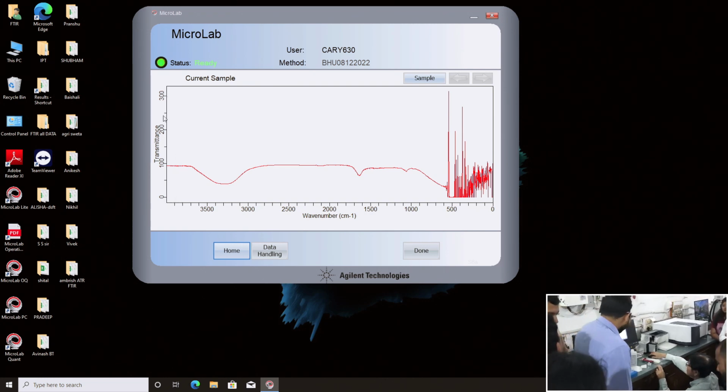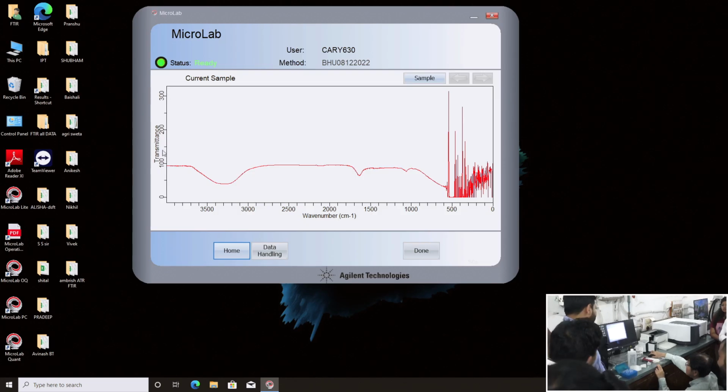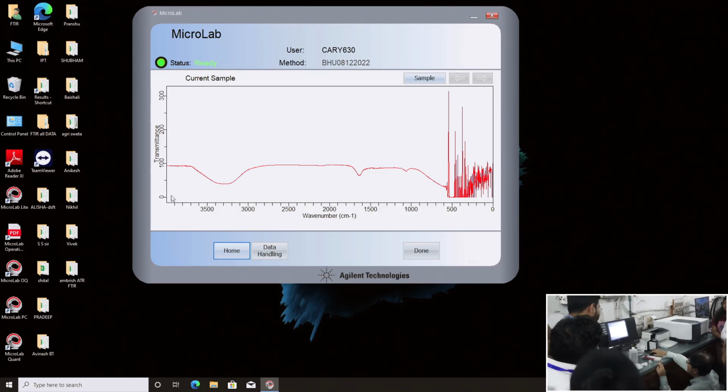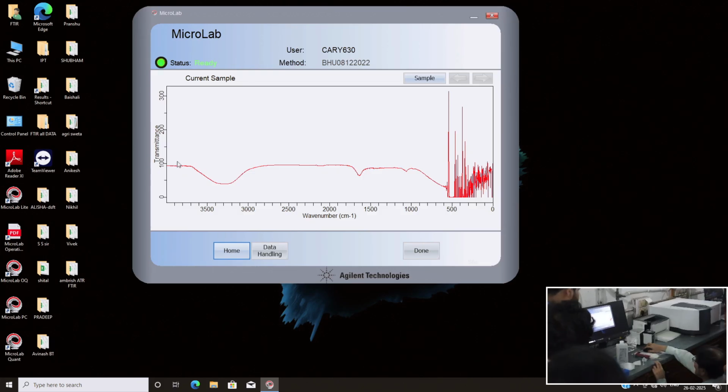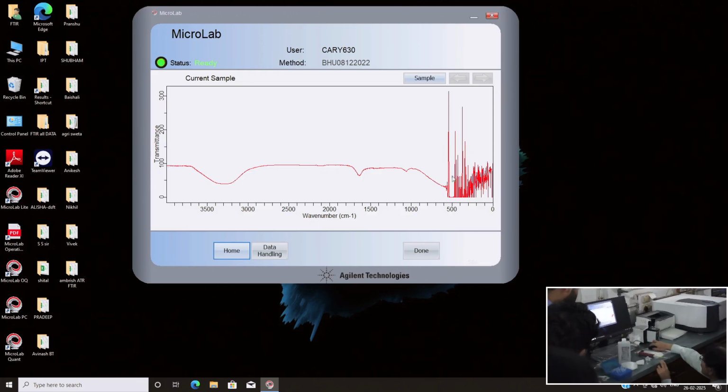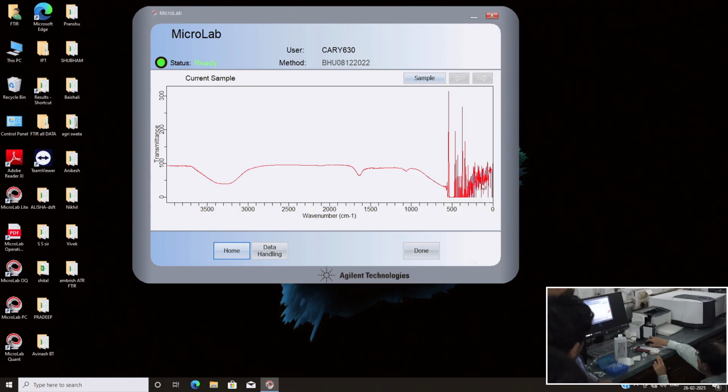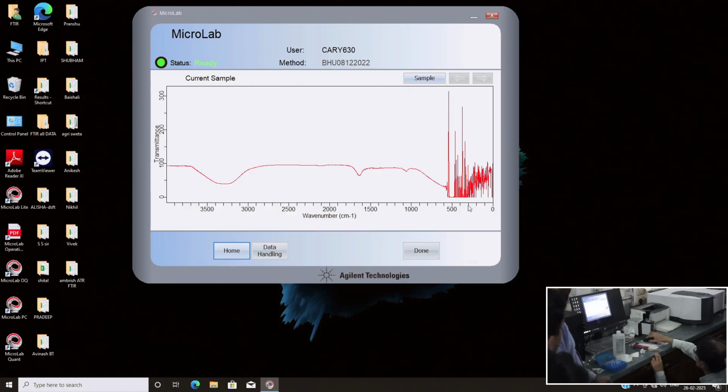This is a transmittance spectrum. The vertical axis is transmittance, so in principle the number should be between 0% and 100%. This region is very noisy because the germanium prism is not transparent in this wave number region.